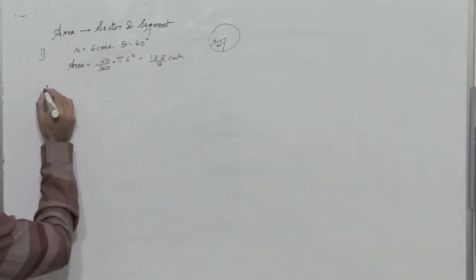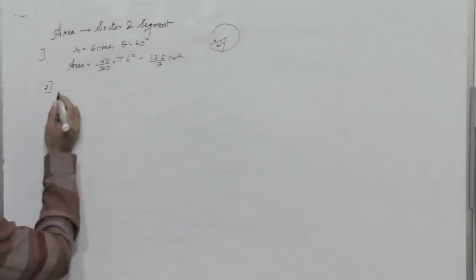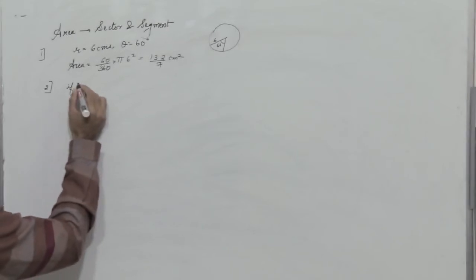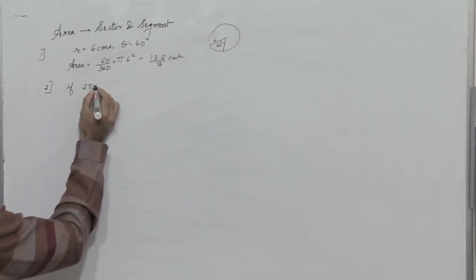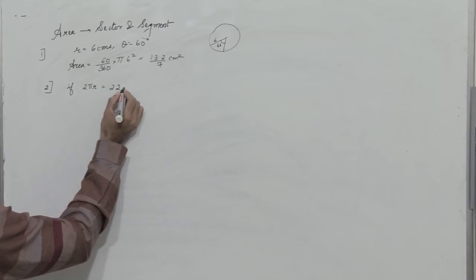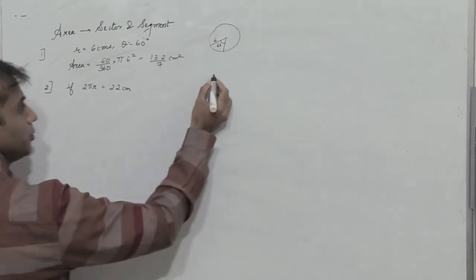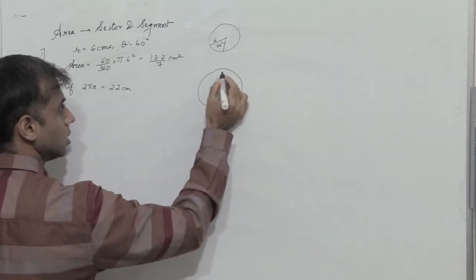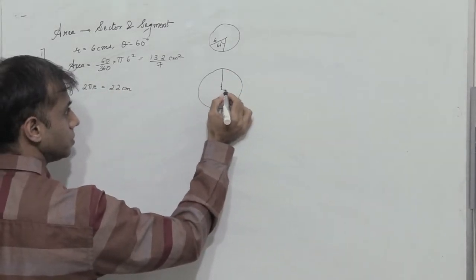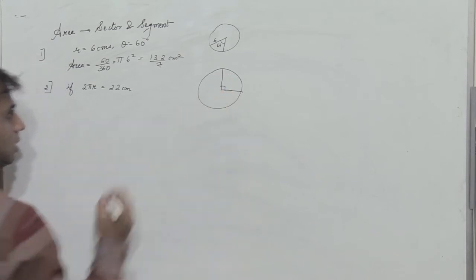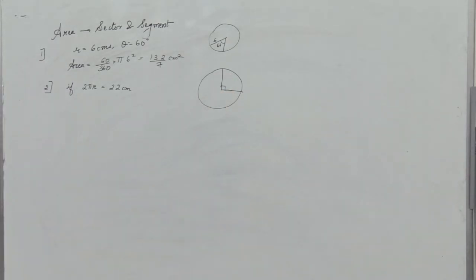Next, find the area of the quadrant of the circle if 2 pi r equals 22 centimeters. So we need to find the area of the quadrant of a circle. Quadrant means the angle here is 90 degrees. So we have a sector making an angle of 90 degrees, and 2 pi r is 22.